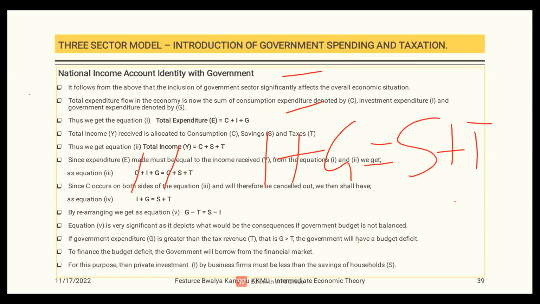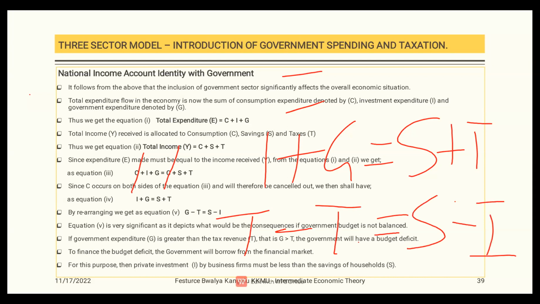If you are to bring all these equations to the same side of the equation, like how we had done previously, that's what you remain with. C and C will cancel. Okay. So again, if you get all these to the other side of the equation, government minus taxes shall be equal to our savings minus investments.